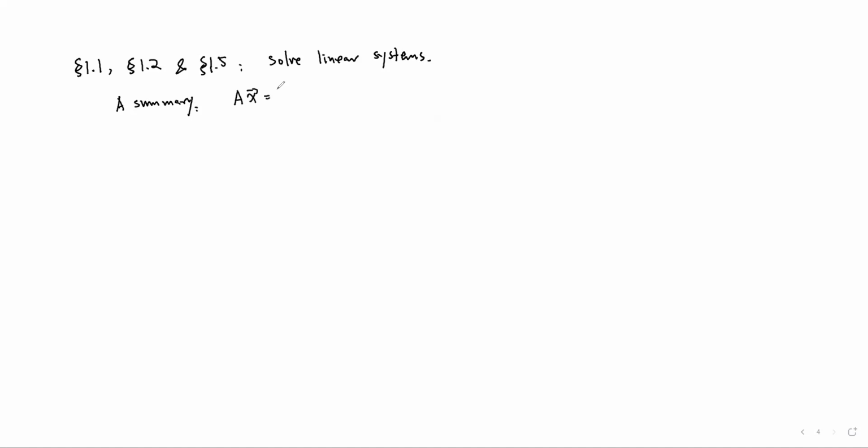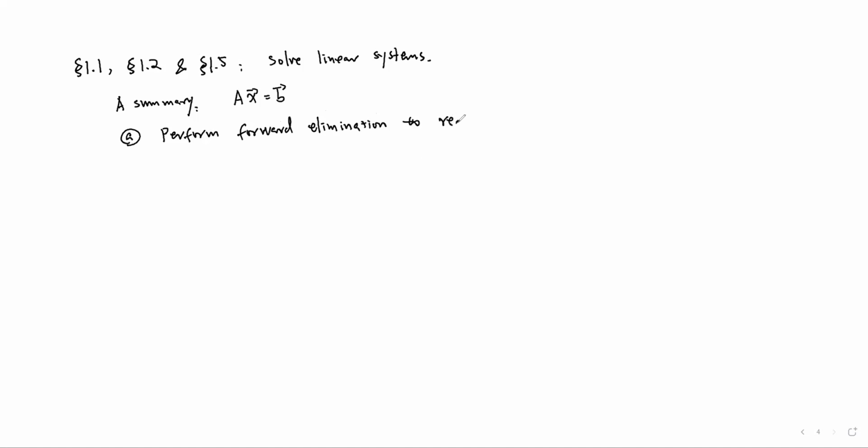This is a linear system in matrix form. Step 1: perform forward elimination by the 3 elementary row operations, to simplify the linear system into epsilon form.